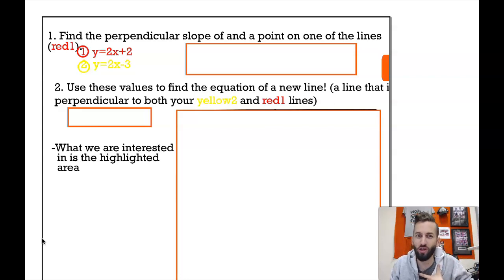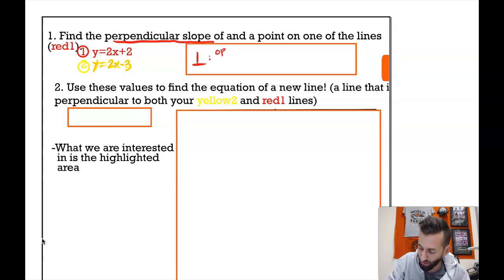So we're going to always use our first line, which I'm calling the red line. Y equals 2x minus 3. That's my other line here. But I'm going to find for the red line my perpendicular slope. So my slope of this one, the red line, is 2. So perpendicular, we want the opposite reciprocal.